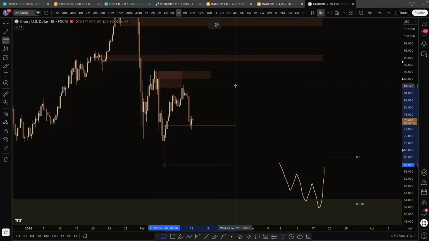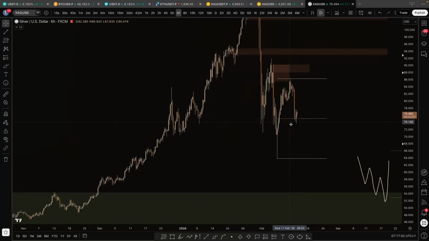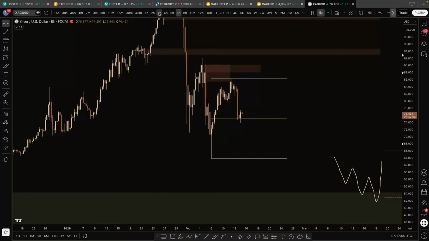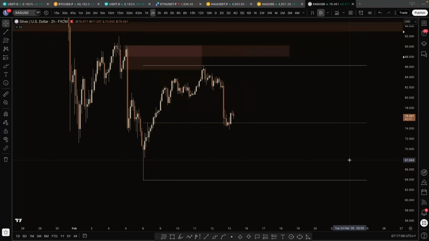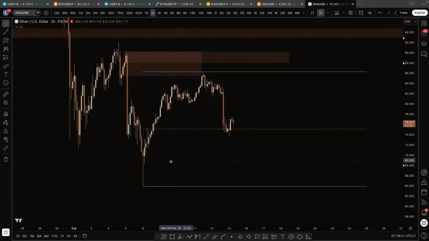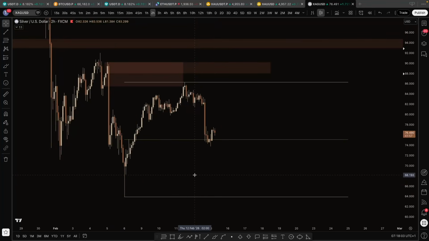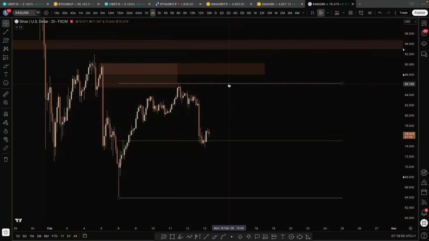So the range is confirmed. You now have a range like this. So your range is confirmed. No, I'm not gonna call it a red circle low, but I still do expect it to get taken out.